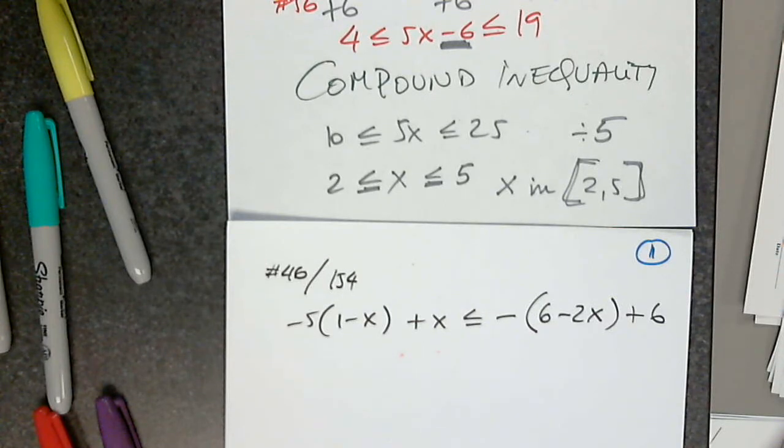So this is 6x. This is not x. So this is x, but this is not. Something is wrong here. It's 1 minus x. So not both of them have x. This is not minus. Negative 5 times negative x.